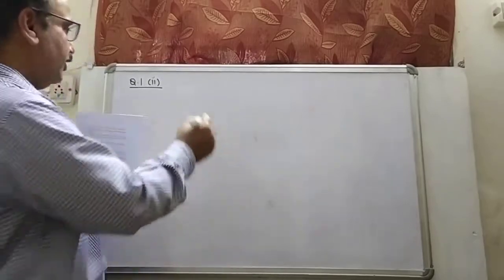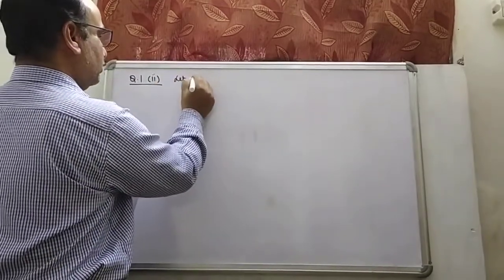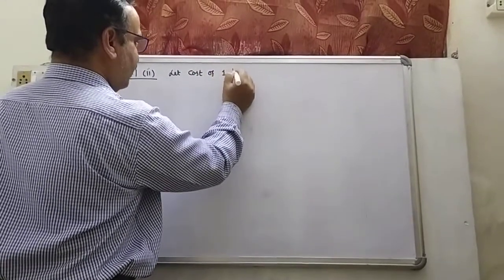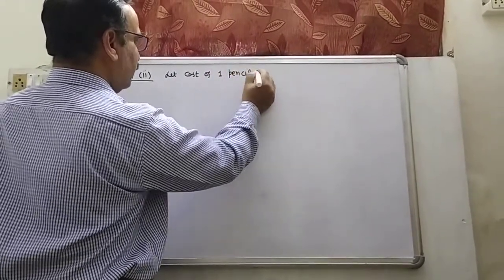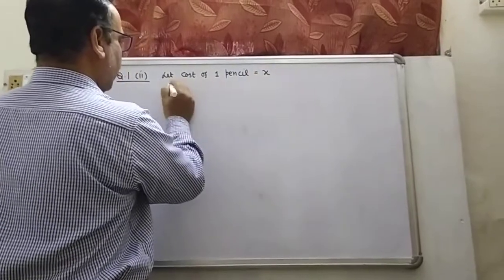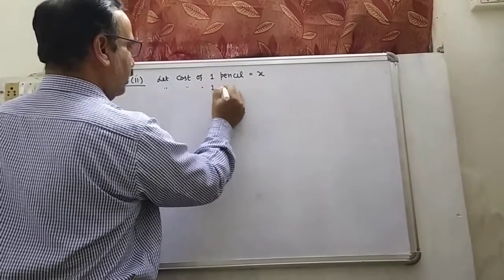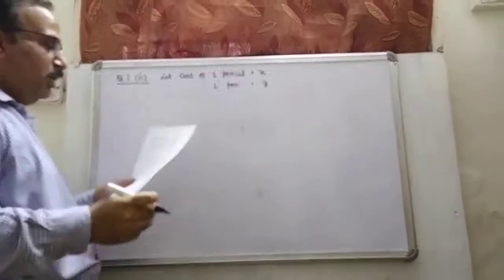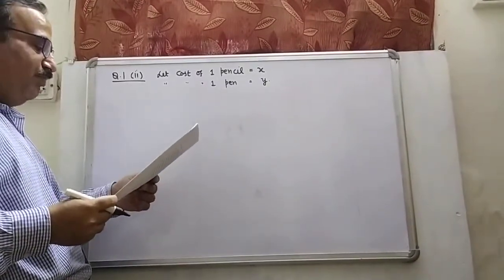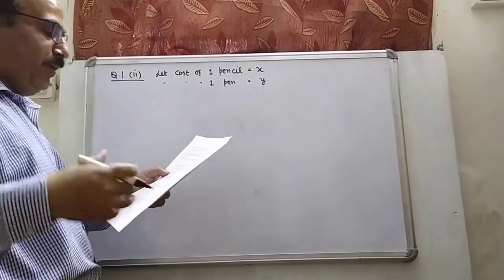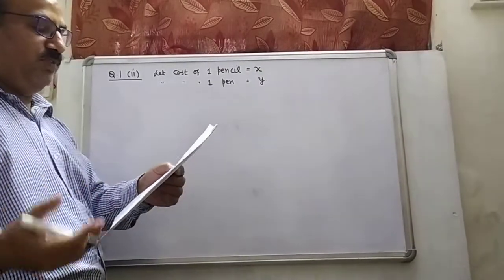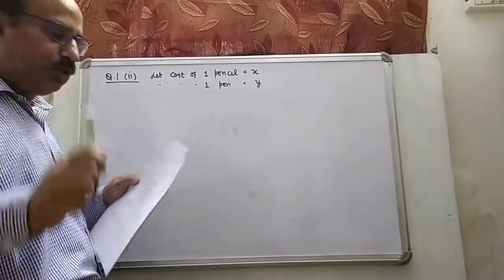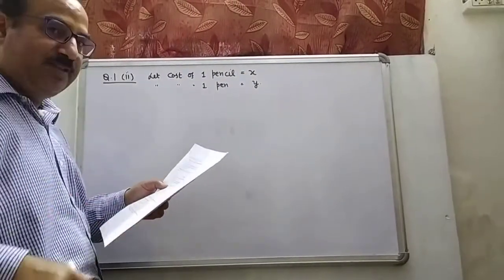चलिए देखते हैं. Let cost of one pencil be x and let cost of one pen be y. According to problem, they are saying 5 pencils and 7 pens together cost rupees 50. Okay, if cost of one pencil is x, then what should be the cost of 5 pencils?